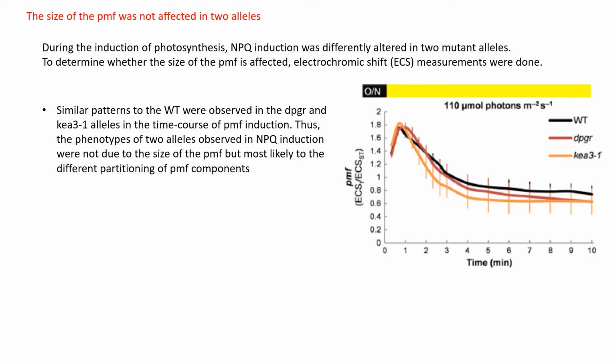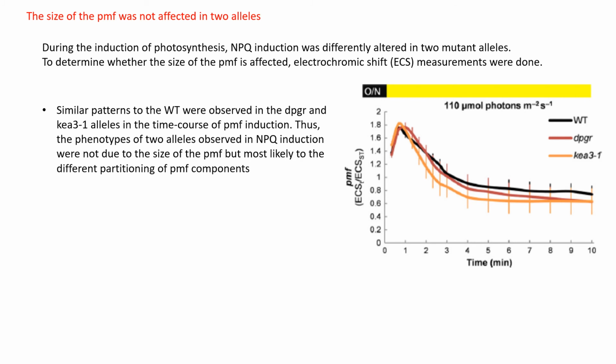eventually. And that could be studied by using the electrochromic shift assays. But the result that was obtained from the ECS spectra suggested that there was a similar pattern between the wild type and the two different mutant alleles of DPGR and the KIA3 knocked out in the course of the PMF induction.